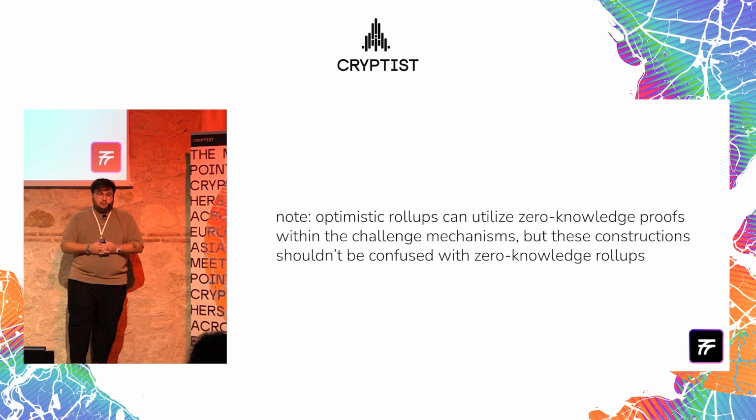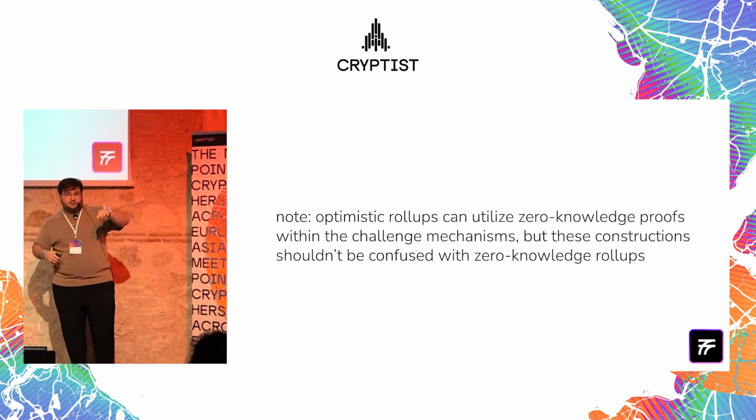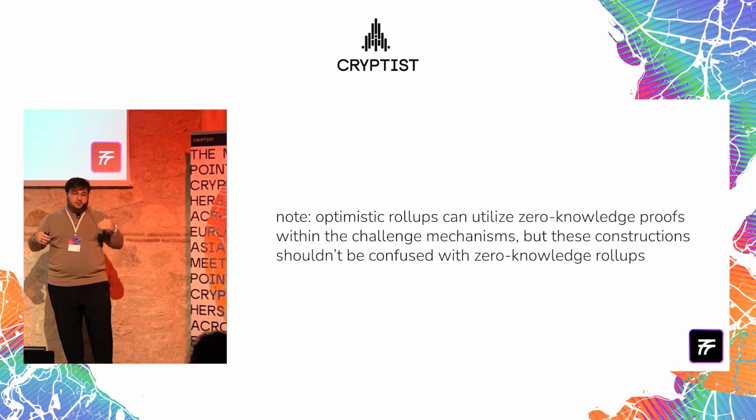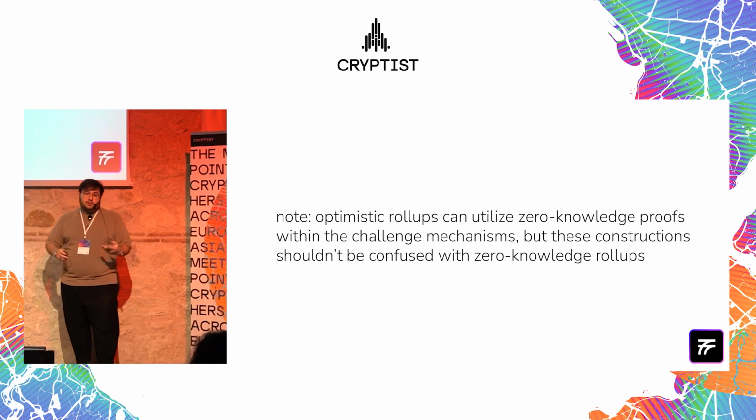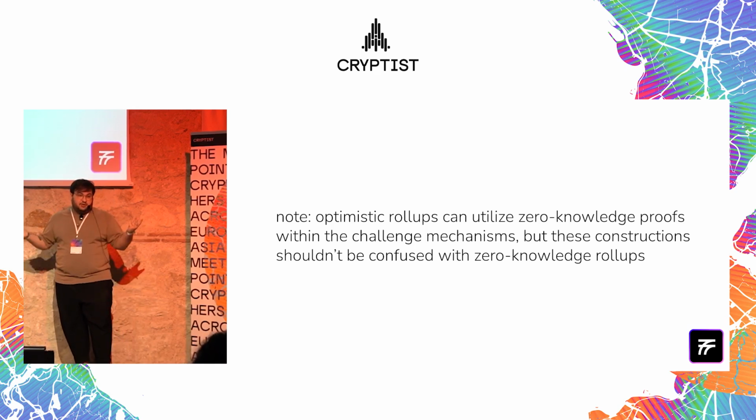The proofs are computed for individual transactions that are then aggregated into a single proof that proves that each transaction is valid, and that proof is posted on chain along with the data for the proofs. But you can extend it to more generalized constructions.